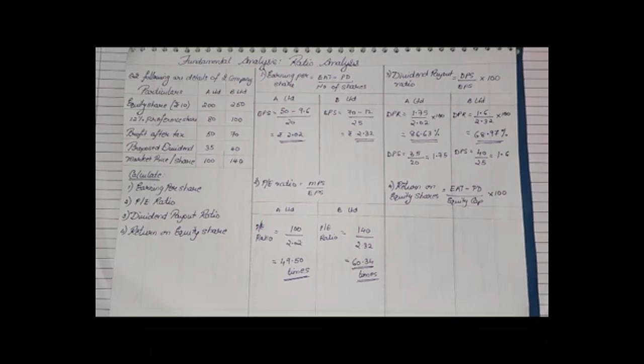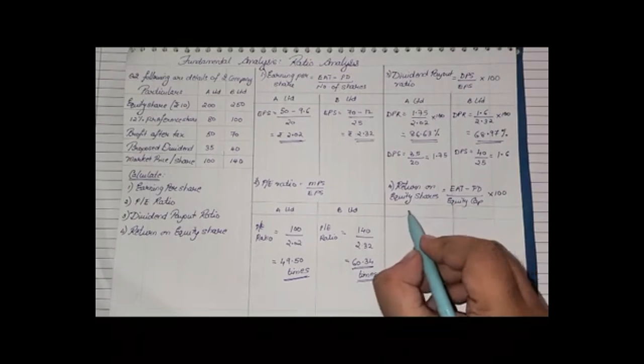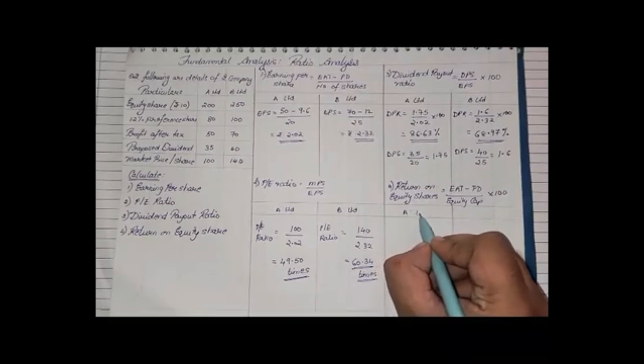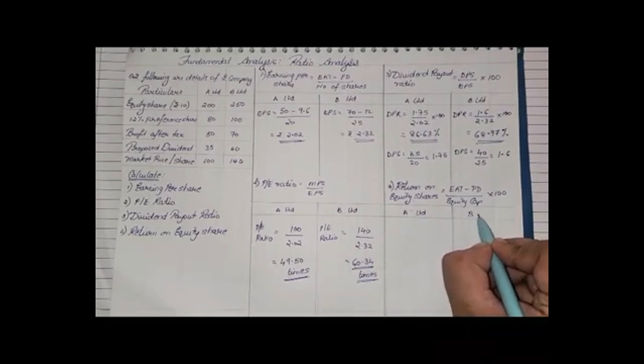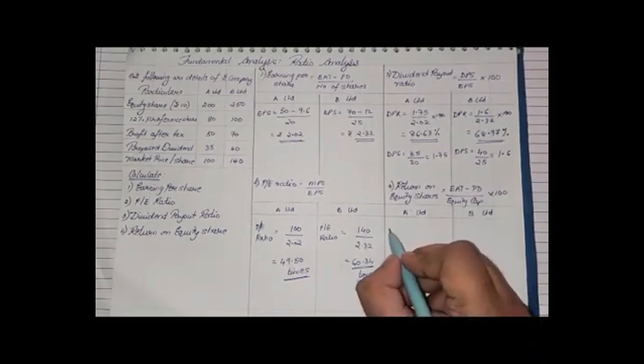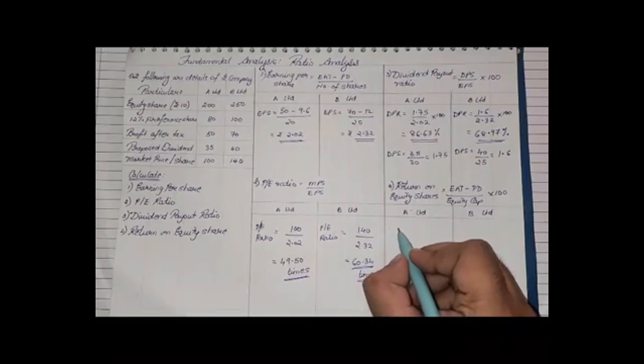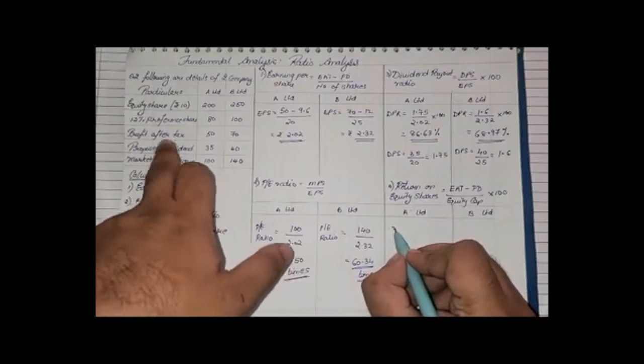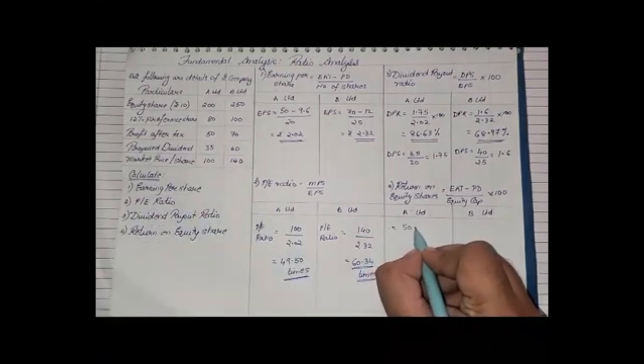Next formula was return on equity share. The formula is earning after tax minus preference dividend upon equity capital into 100. So now let us see how to calculate this. Earning after tax, they have already given us 50.